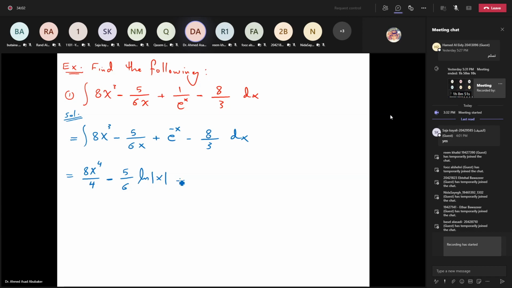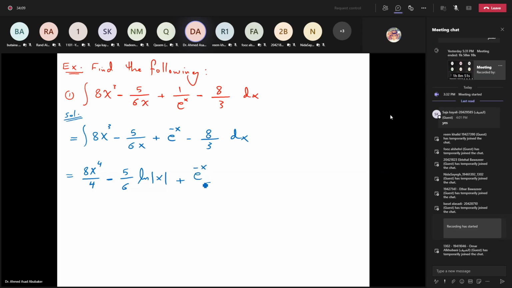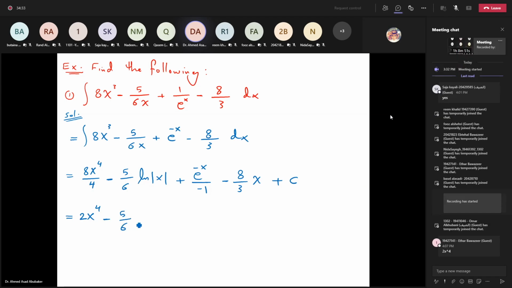Okay, and e to the power any number multiplied by x, this is the same, e to the power minus x over the coefficient of x in the exponent. The constant, this is the same constant multiplied by x, and last term plus c. So if we need to simplify more, 8 over 4, this is 2x to the power 4 minus 5 over 6 ln absolute value x.